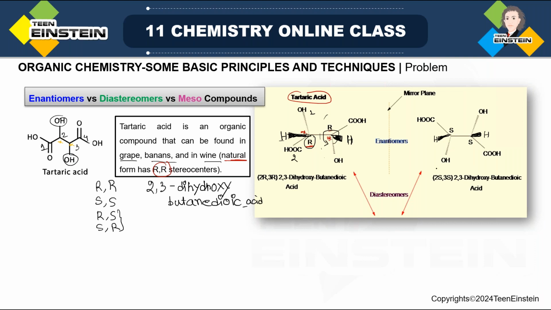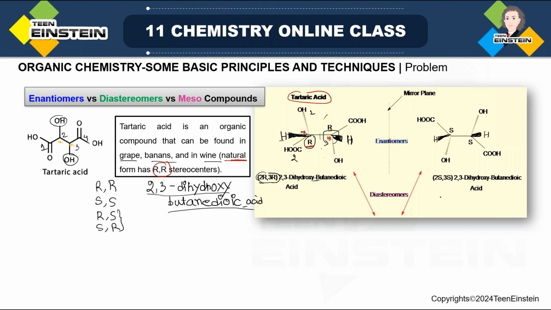In this way, the nomenclature will now be different. I have already written the IUPAC nomenclature without considering the RR and SS: 2,3-dihydroxy butanedioic acid. This will actually be a small b, and there will not be any gap. So be careful. So 2R,3R-2,3-dihydroxybutanedioic acid. So in this nomenclature, we are also including the stereochemistry.